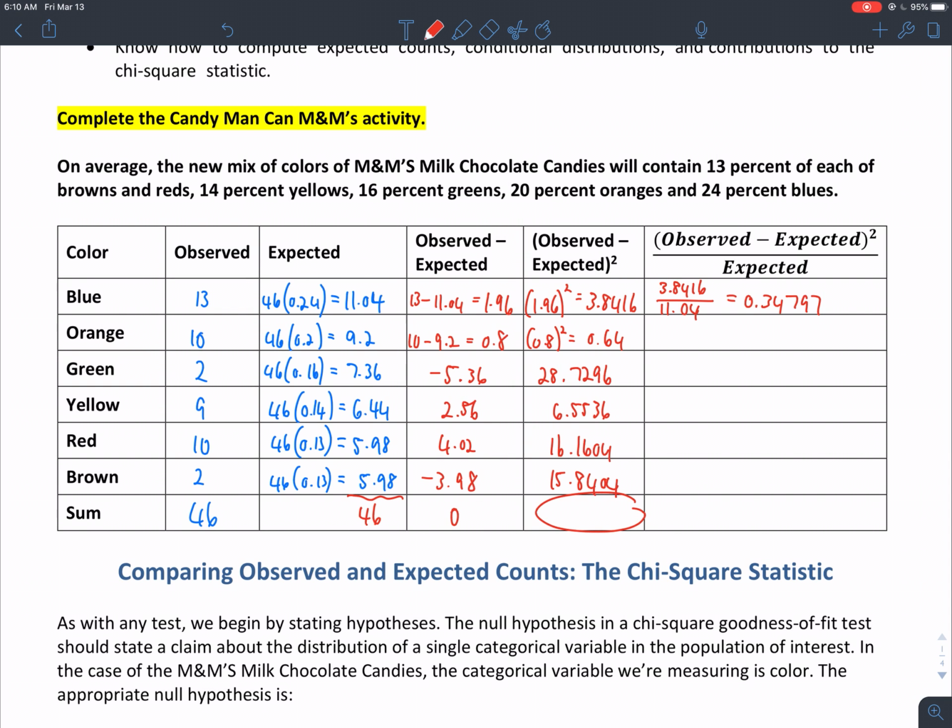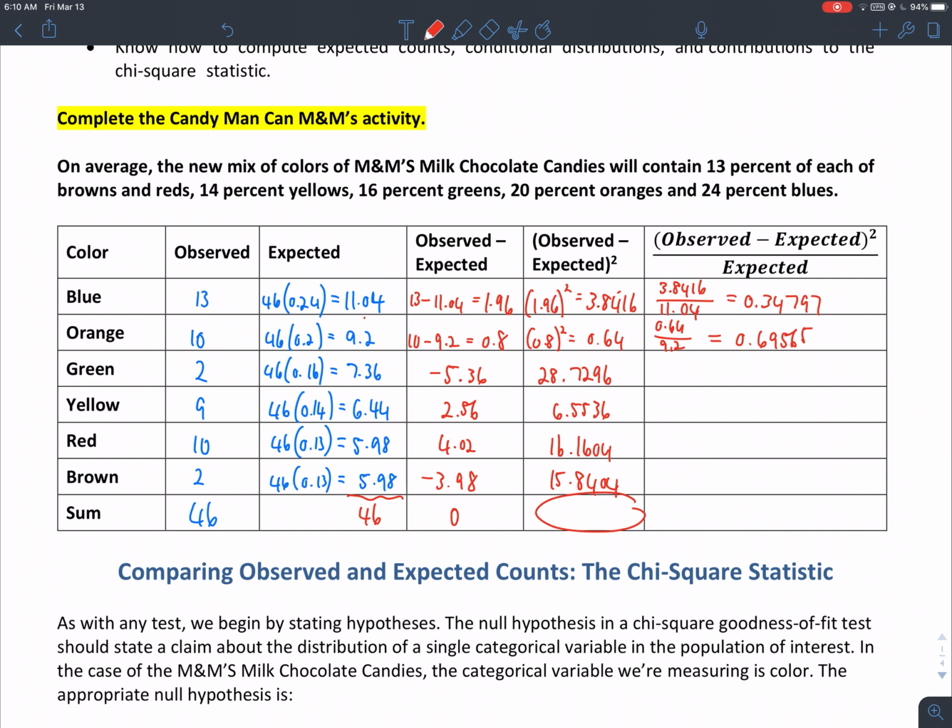Okay? And so you keep doing that. So this one would be 0.64 divided by what I expected, which was what was my expected? 9.2. And so you get 0.69565.